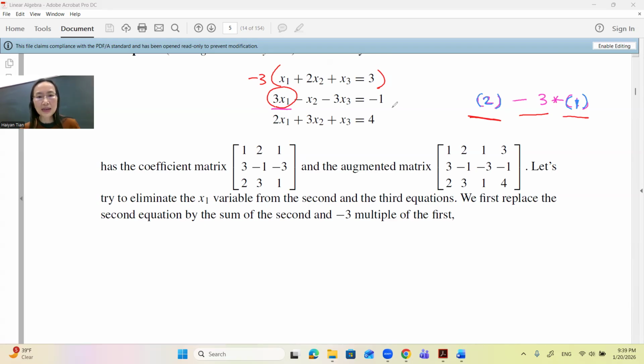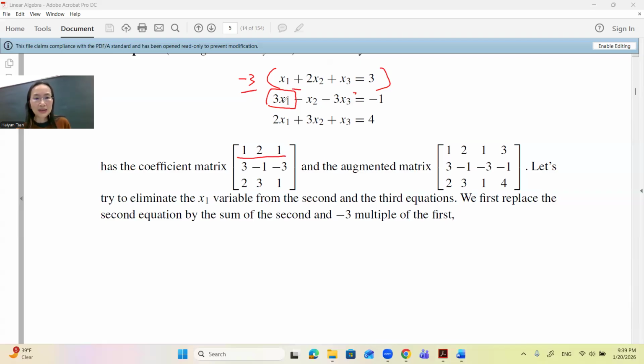Then you add to the second equation, you will cancel x1. So the goal is to eliminate x1. Therefore, we want to choose -3 as the multiple. But even though you use that multiple, you do not modify the first equation. You still leave the first equation as is, only to be used to modify the second equation.